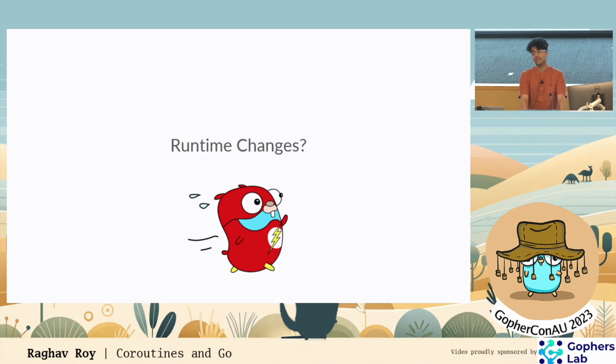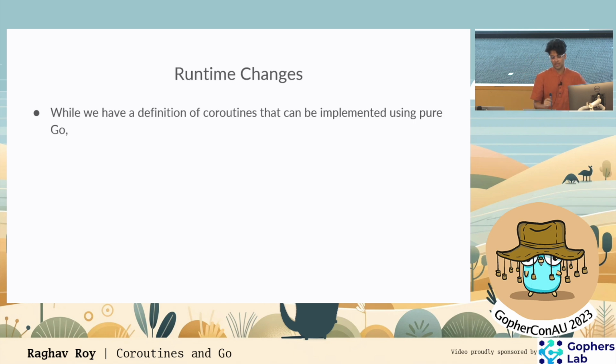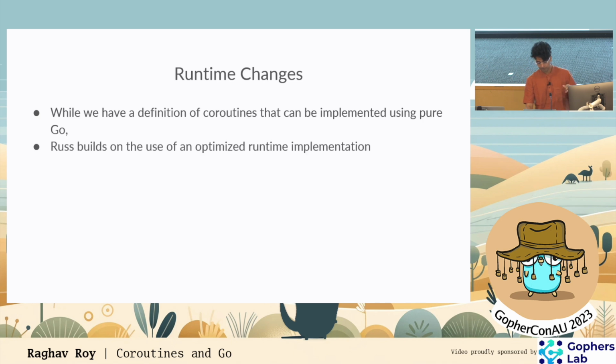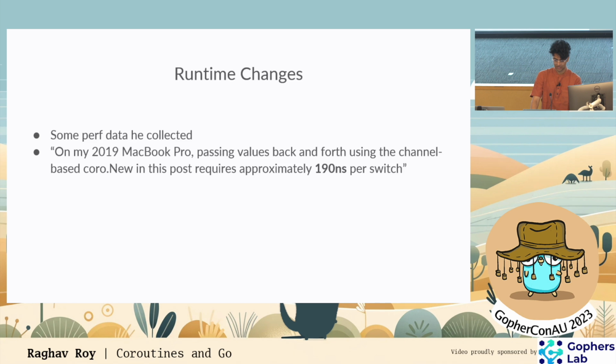Yeah, so some runtime changes. I was talking to Russ about it yesterday. So it's pretty cool. While we have a definition of coroutines that can be implemented in pure Go, he builds on an optimized sort of runtime for this implementation. And so some of the perf data that he collected, and I wanted to reproduce, but I got lazy.